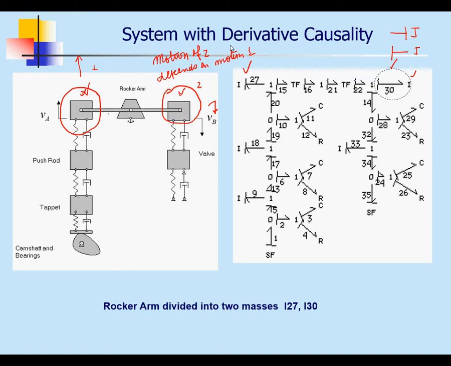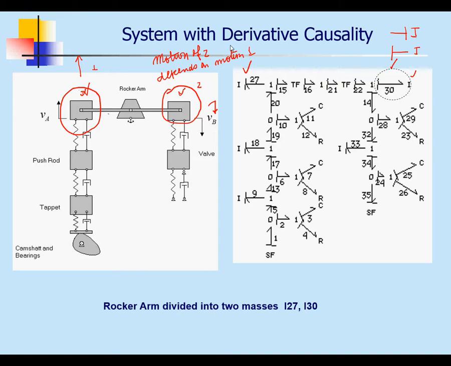The previous example had considered the rotational inertia of the bar as a single element. And here we're considering two, but because of what this lever does, the motion of the one on the left determines the motion of the one on the right.